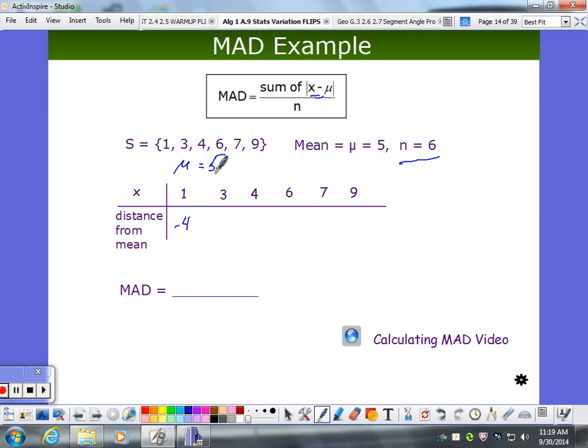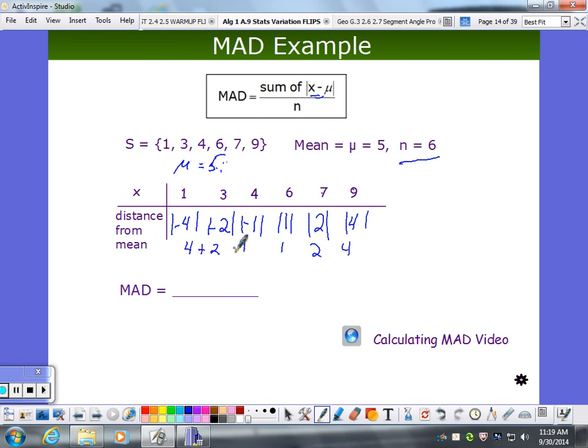Negative 4. 3 minus 5. 4 minus 5, negative 1. 6 minus 5. 7 minus 5. 9 minus 5. All right, that's this part. Then it says, oh wait, you have to take the absolute values. Okay, so I have to find that because if I add them otherwise, I get 0. So this is absolute distances.